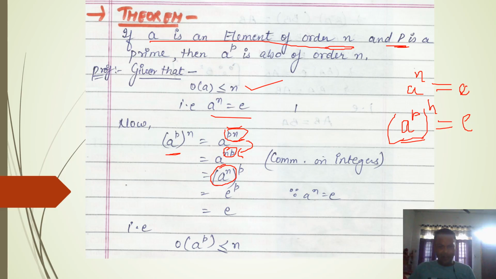You can take A to the power n, and after that apply the power p. We know that A to the power n is equal to the identity, and any power applied on the identity gives the identity. So the order of A to the power p is also n, where p is a prime number.